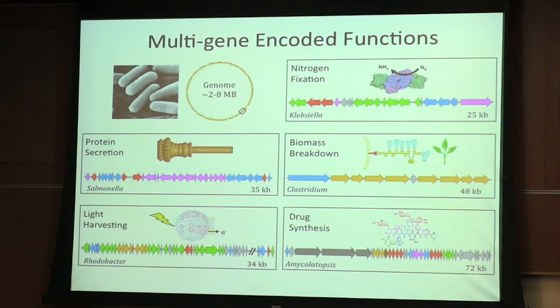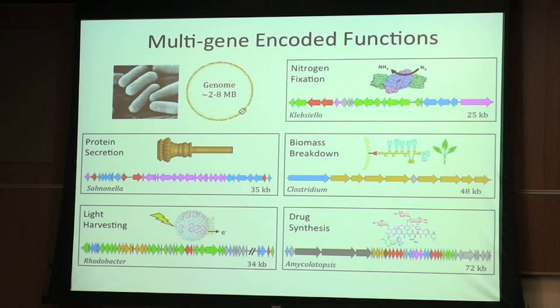If I wanted to fix nitrogen, I want to pop in that piece of DNA to fix nitrogen, and so on. Now the challenge is that instead of an individual gene that we could just put in front of an inducible promoter, you now have 16 or 20 or 40 genes that all have to be turned on at just the right levels in order to get activity.